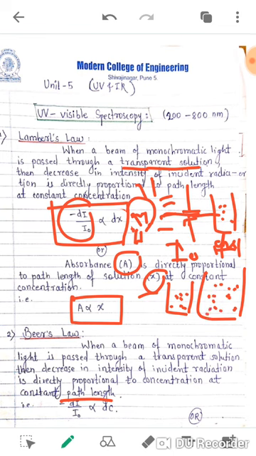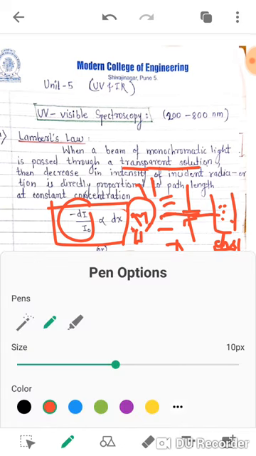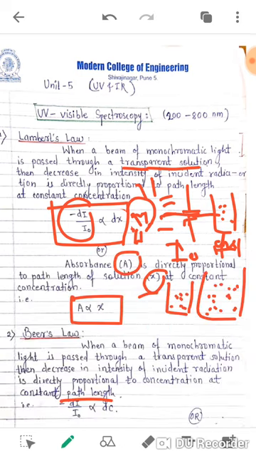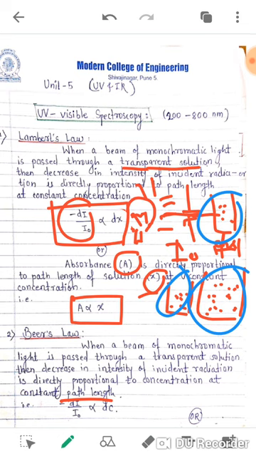So the path length goes on changing, which means this cavity size goes on increasing. As the cavity size goes on increasing, the number of particles in that area goes on increasing. Obviously, our transmittance goes on decreasing, absorbance increases, number of particles increases, absorbance increases. This straightforward phenomenon is related to Lambert's law.